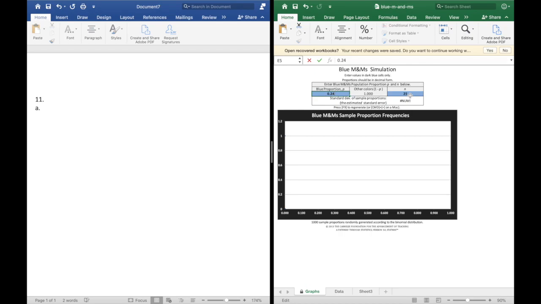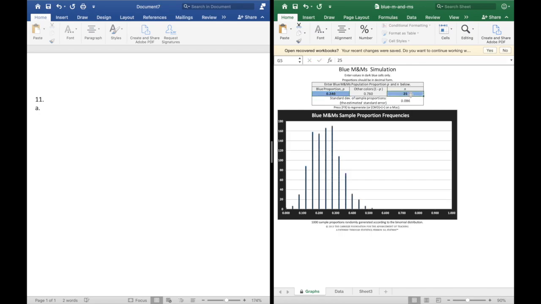Here we're going to assume that 24% of all M&Ms are blue and that we're taking samples of 25. What this program is going to do is generate 1,000 samples. So it's going to pretend that we have 1,000 people in the class doing this experiment. If we do that, we get the following. This is what our dots would look like.